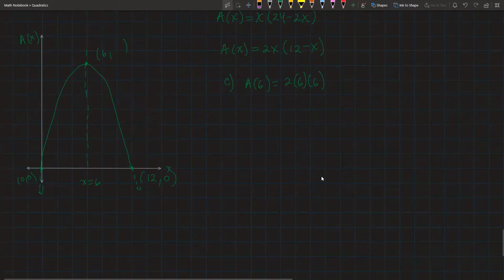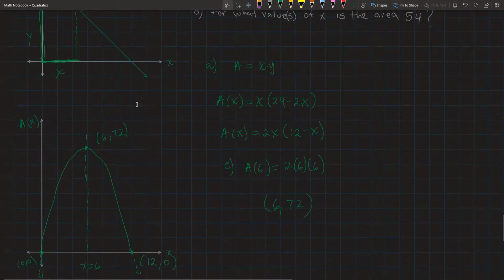And therefore, this becomes area equals, I'm just going to write the point. It's going to be 6, 72. Yep, that's right. Hopefully you got that too. And that's the calculus problem solved.